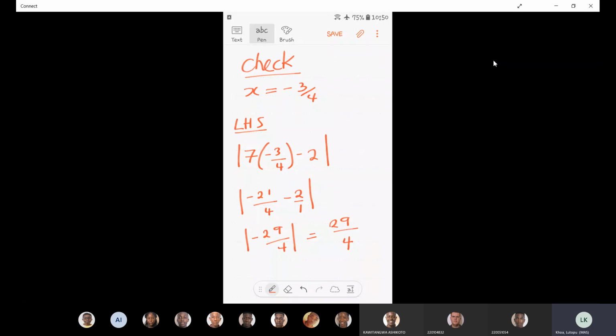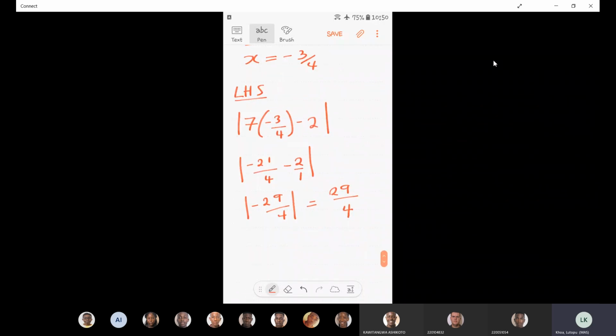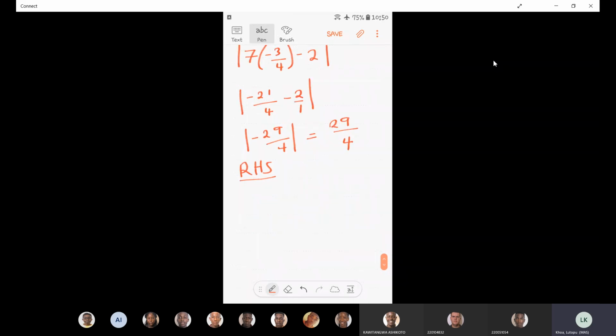Then you have to do the same thing on the right-hand side. On the right-hand side, I had 3 times x, which is minus 3 over 4, minus 5. Okay, so you multiply this out. This is negative 9 over 4 minus 5.